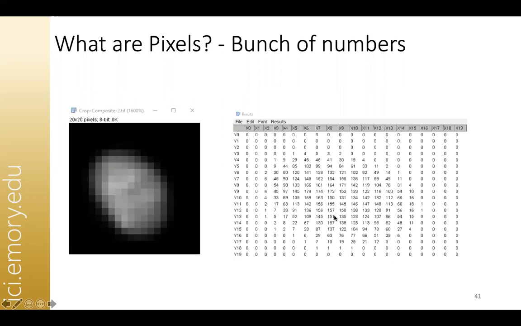And why is it that these numbers only go up to 200s? And the answer lies right here, where you see something called 8-bit. It's an 8-bit image. And an 8-bit image has a dynamic range extending from 0 to 256.